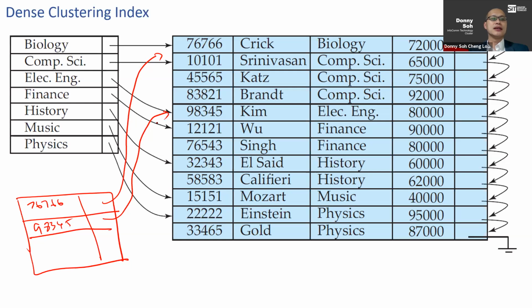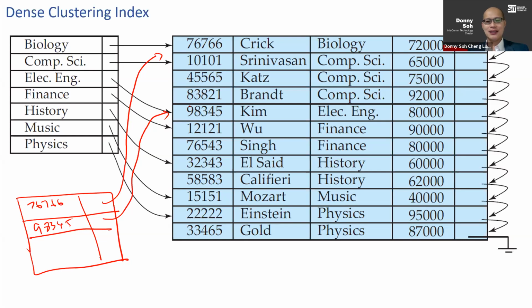Something along this line means that the order of this occurring must also be sequential according to the order of this occurring. This is very unlikely to happen.